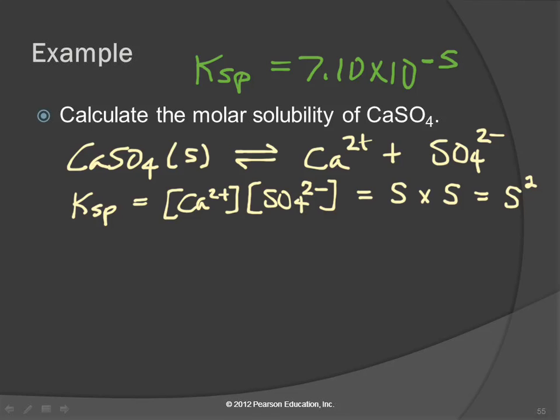I think it's best if you understand how this works, but you could also get by with remembering that, if you're just going to memorize something, memorize it simple. The solubility is the square root of KSP.